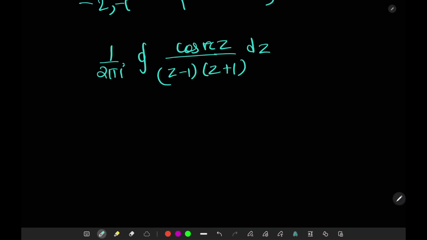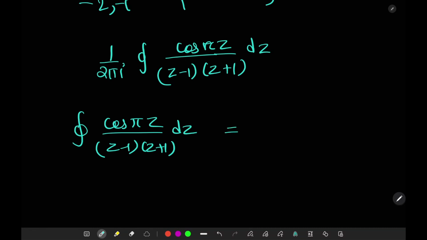Using Cauchy's integral, first of all we need to evaluate this integral. Here these are the poles, so we use the Cauchy integral theorem.